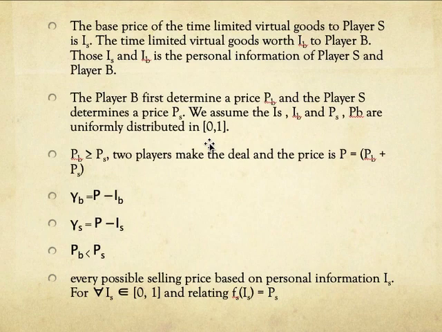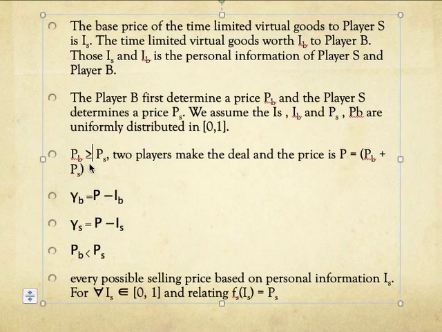So when PB is larger than or equal to PS, the two players make a deal and the price is P equal to half of PB plus PS.